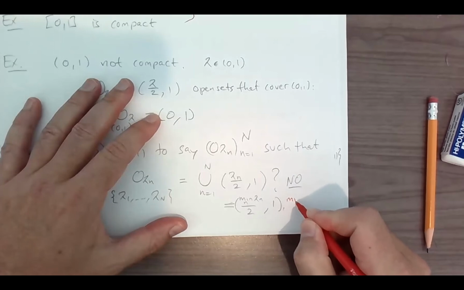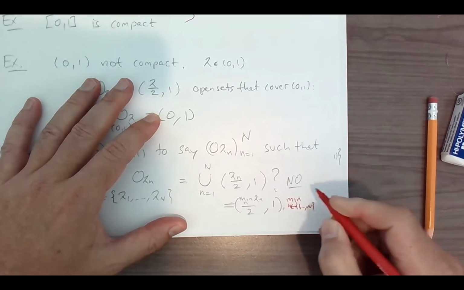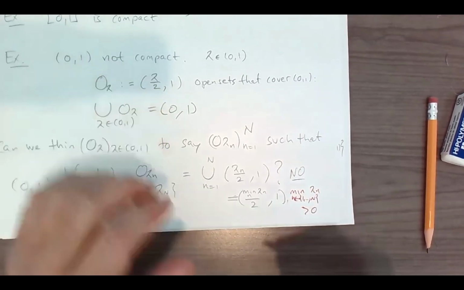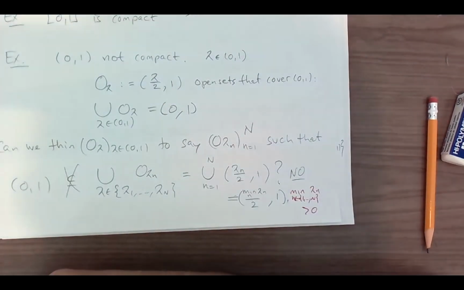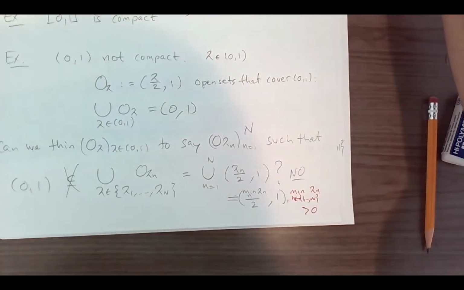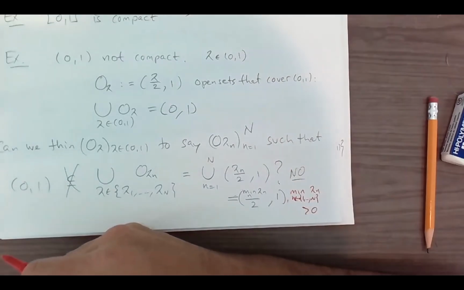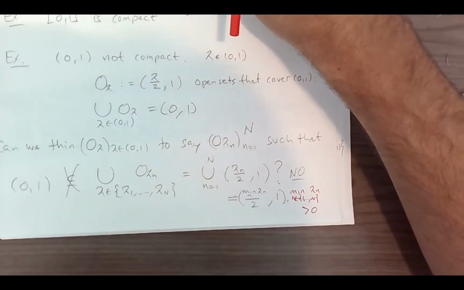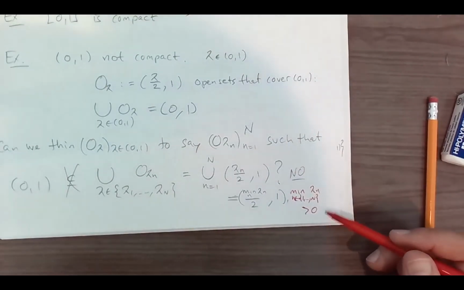So the min from 1 up to capital N of lambda n is going to be strictly positive. Does that make sense?